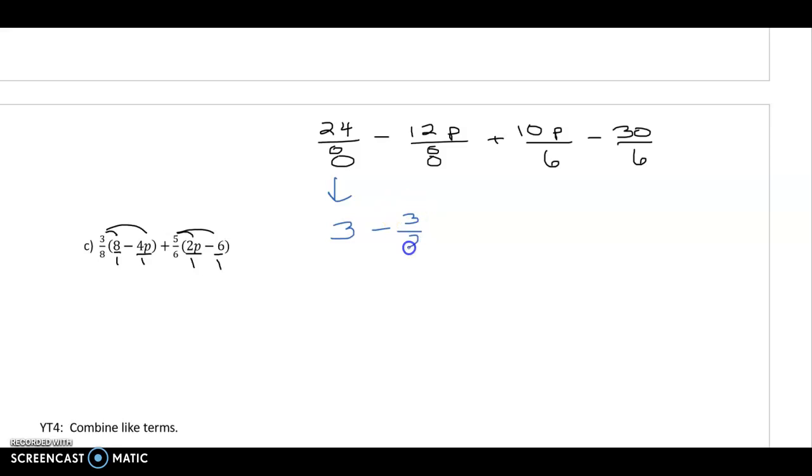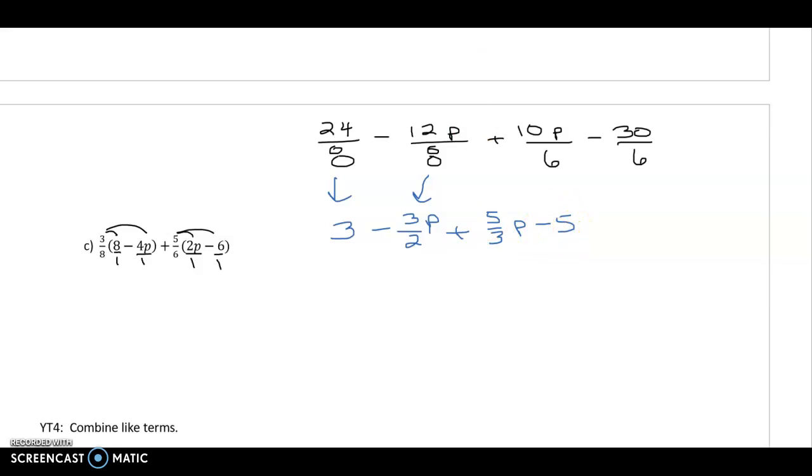So 3 over 2 P. You put P to the side or P on the top. Either way, you're okay. Plus, so that reduces to that. 10 over 6. We divide them both by 2. That would be 5 over 3 P, again, you can put P off to the side. Minus 30 divided by 6, which is 5.